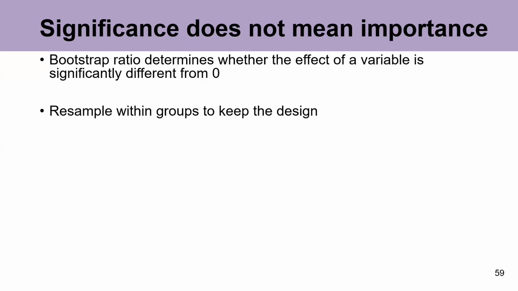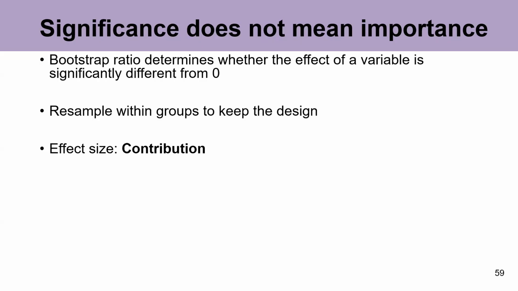So if half of it is patients and half is healthy controls, you might want to make sure that every time I resample, I still have half of my resampled data being patients and half being controls. So you would want to resample within the groups instead of across the whole sample. This is just something to think about when you're doing bootstrap.